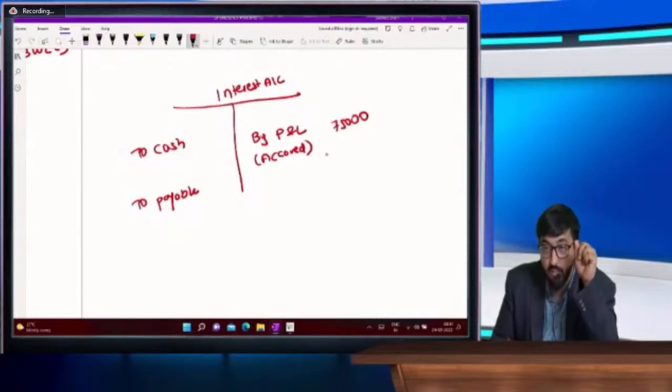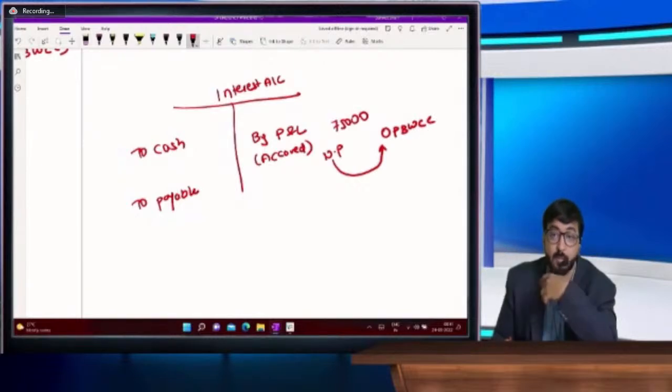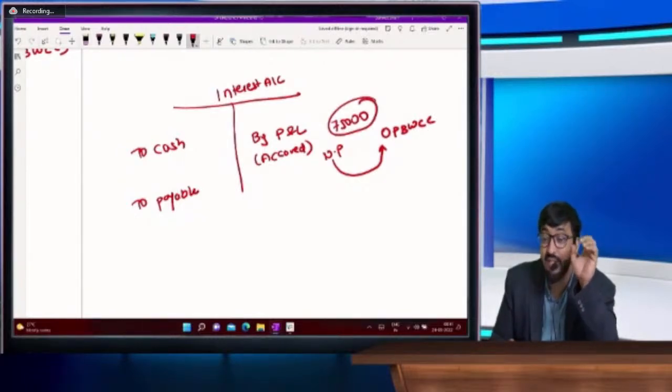Accrued, we are going to add in net profit. Why are we going to add it in net profit? Because the reason is very simple. I want operating profit before working capital changes, and this 75,000 is an item of financing nature. So that's why I want to eliminate that item. So that 75,000 I will add.